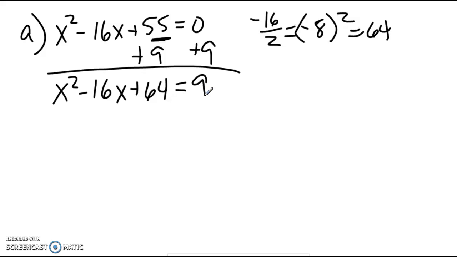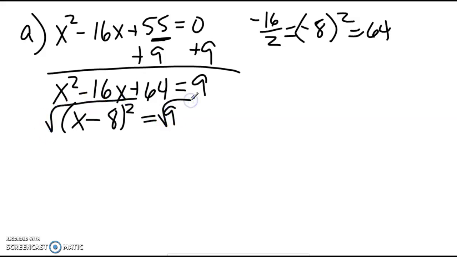Now the left again factors into x minus 8, squared. And then we're now to where we were before, where we square root both sides. We get x minus 8 equals positive or negative 3. Then add 8 to both sides.